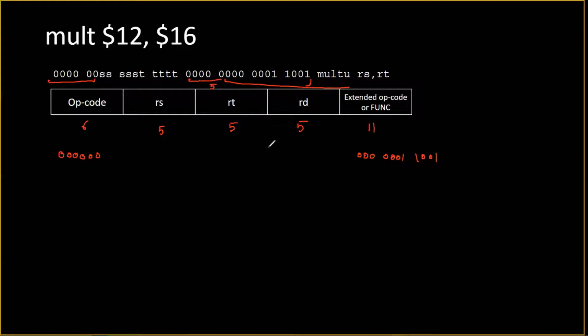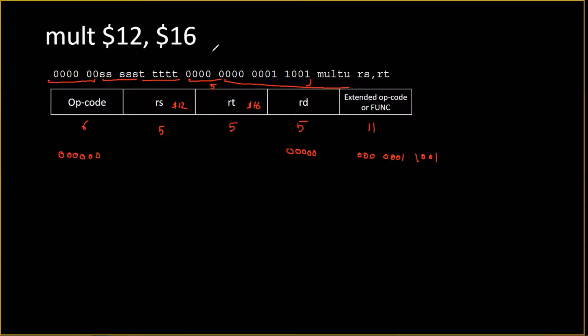We are storing it in the high and low registers themselves. So here 3, 4, 5. And then starting from here, we have the S. So the S is going to be the first one here, number 12. And then the next one is T, that's going to be number 16.